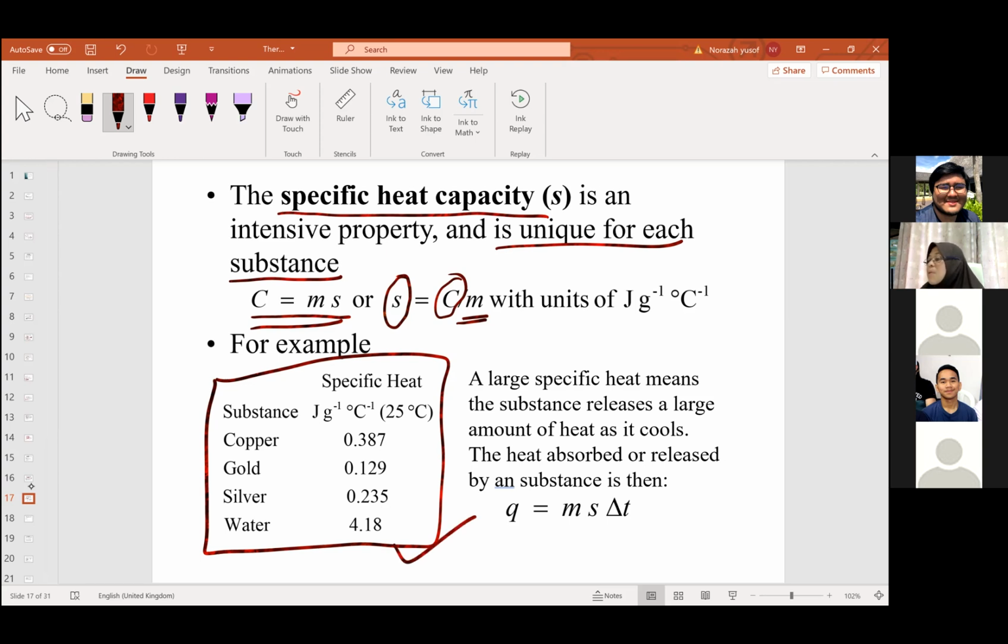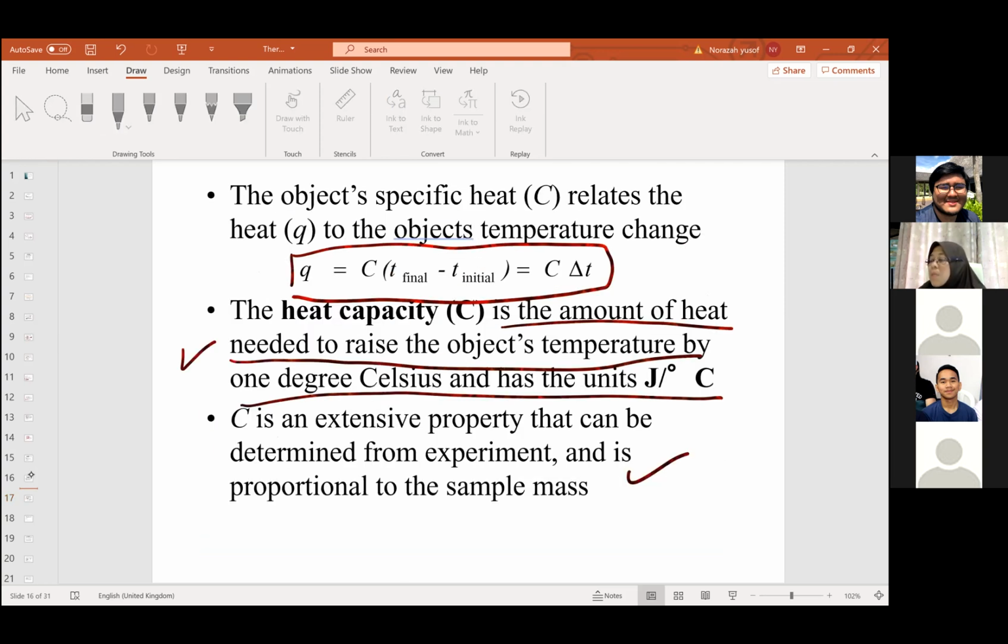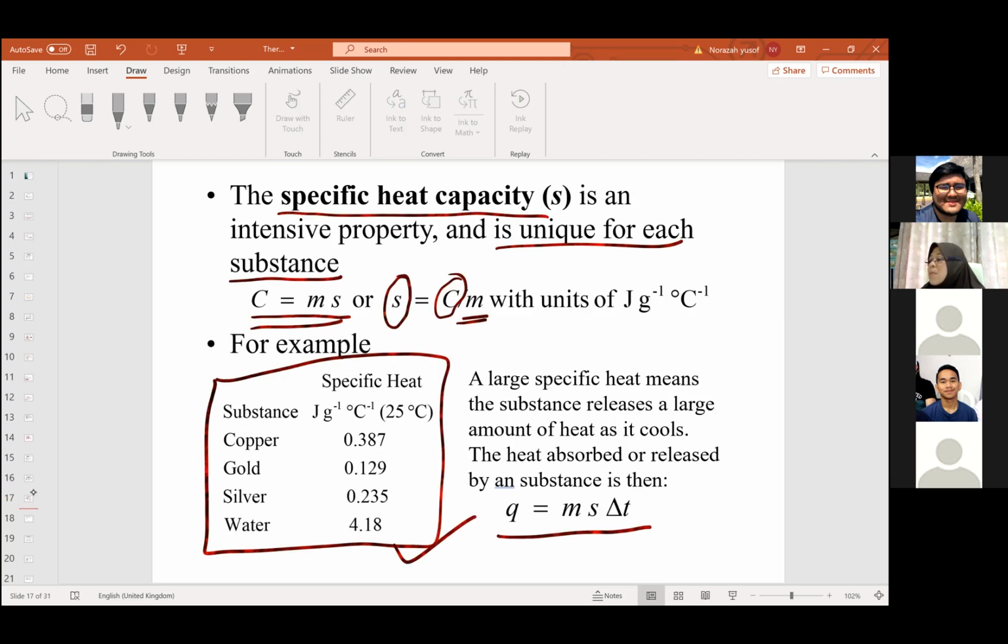So you can use this formula as well. Just now it was Q equals heat capacity times delta T. So Q now is M times S times delta T.